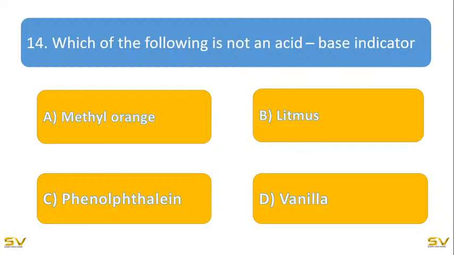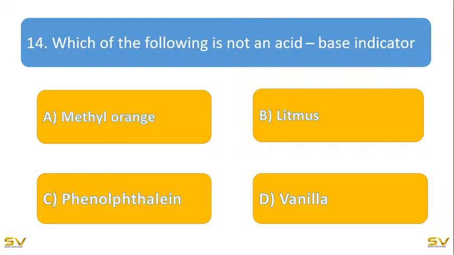So you have to think it once. Methyl orange, litmus, phenolphthalein, vanilla. So which of the following is not an acid base indicator? Is it methyl orange, litmus, phenolphthalein, vanilla? If you think, you can definitely answer it.